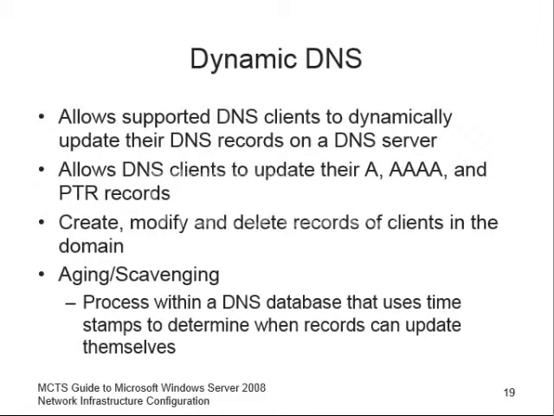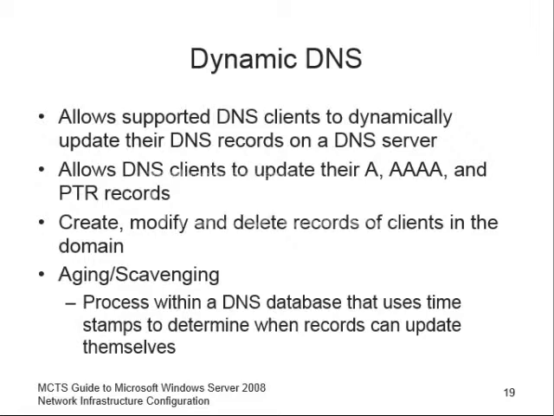Client computers running Windows 2000 or later attempt to update the A record directly, but they use the DHCP server to dynamically update their pointer records or PTR records. DHCP-enabled client computers running earlier versions of Microsoft operating systems are unable to update or register their DNS records directly.